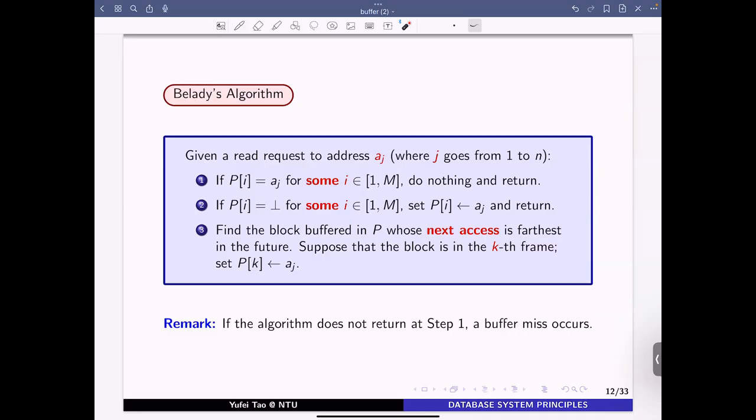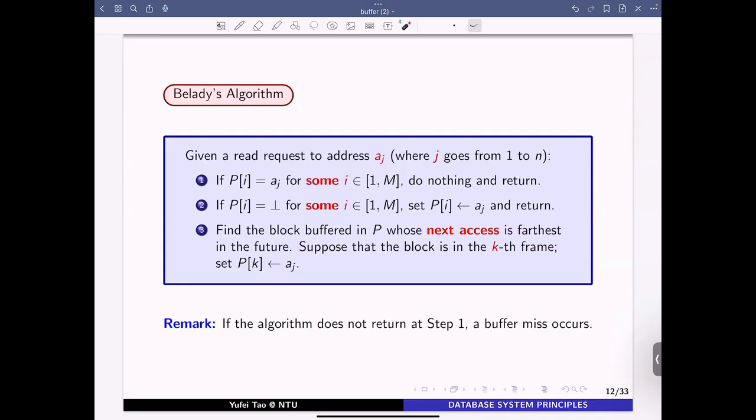Take that frame. Let's say this frame is the kth one, for some k between 1 and m. Kick that out, and you store the new block AJ in that frame. So this is the algorithm.